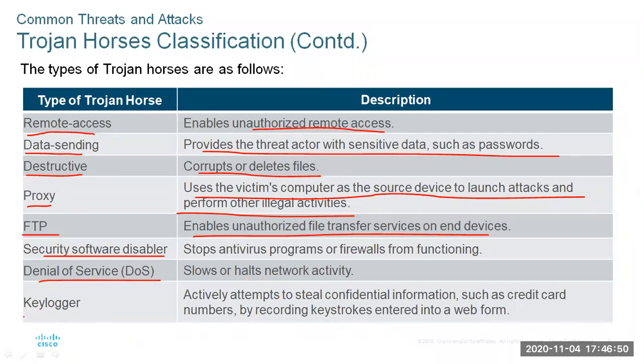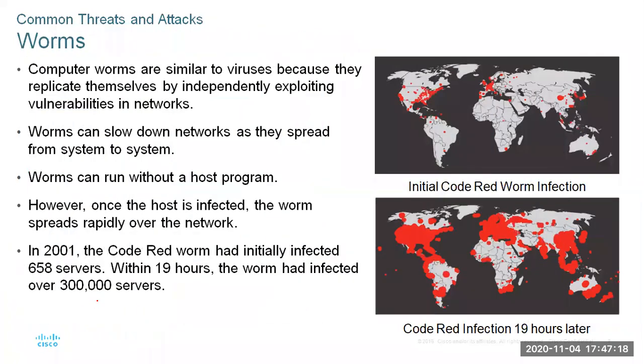All right, then we also have the keylogger, which actively attempts to steal confidential information, such as credit card numbers or keystrokes that you enter from the web. So all these are the different types of Trojans, and they vary because of the threat actor. Whoever designed it has his own plan.